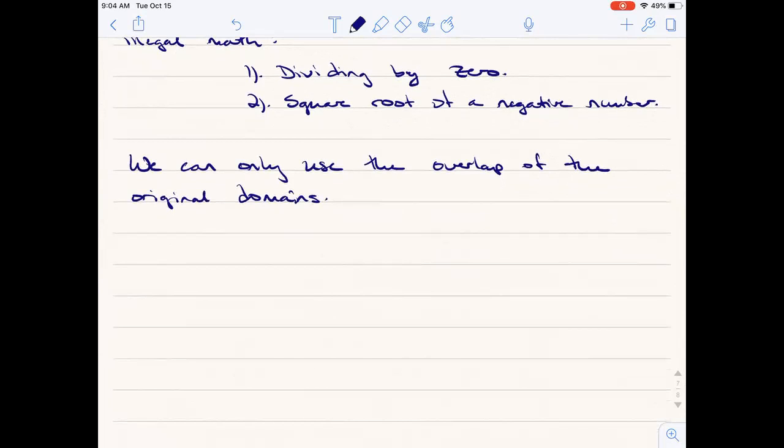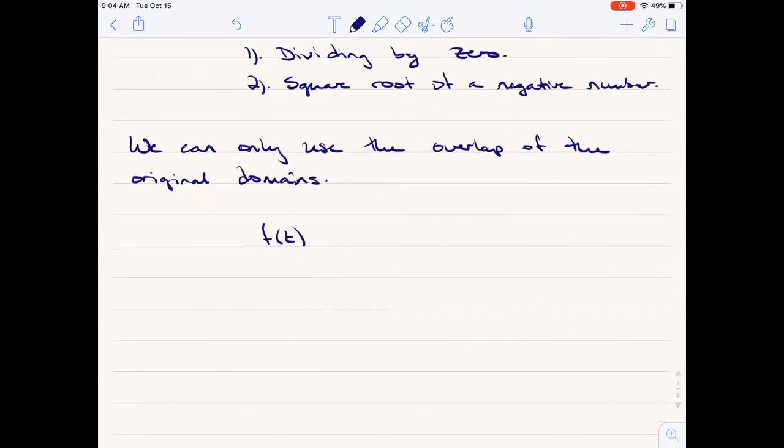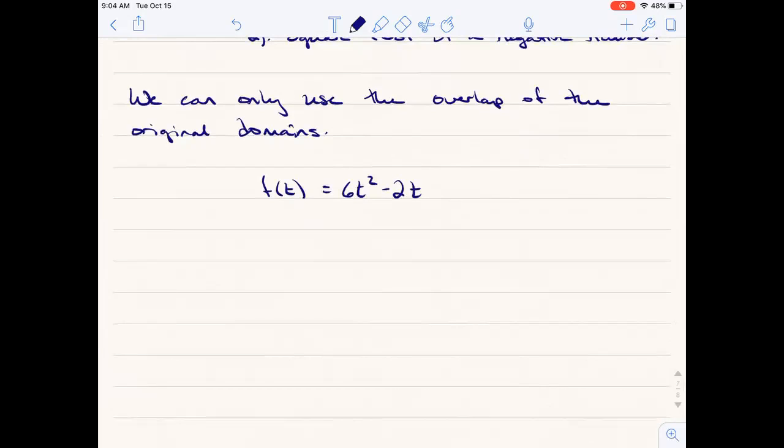And so the original domain of f of t, remember, is 6t squared minus 2t. The domain of that is anything goes, negative infinity to positive infinity, right?